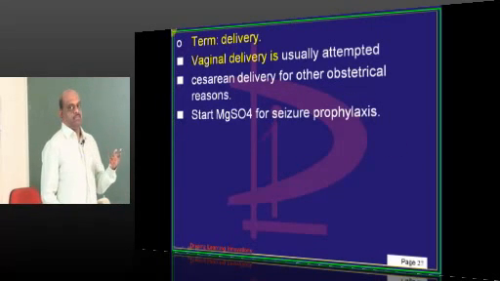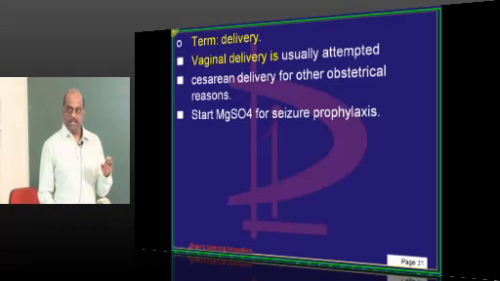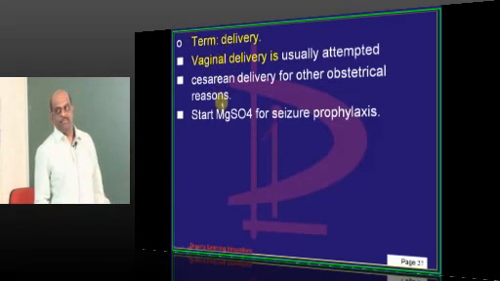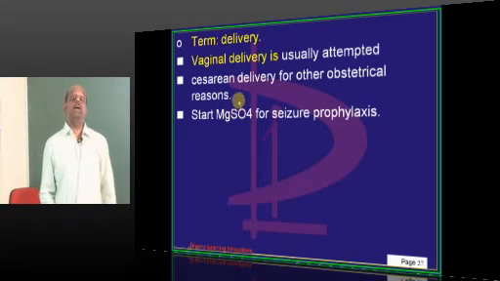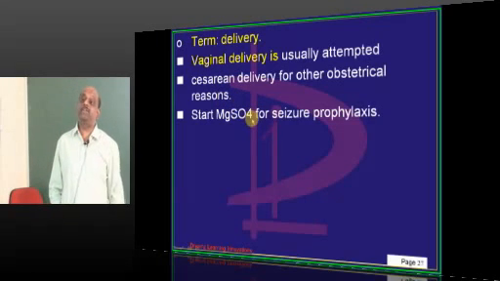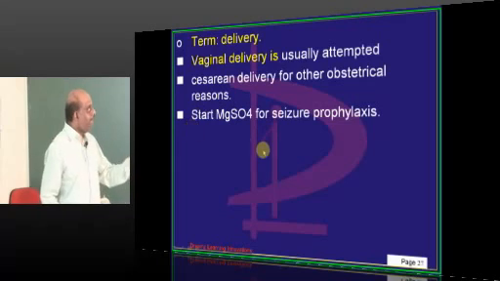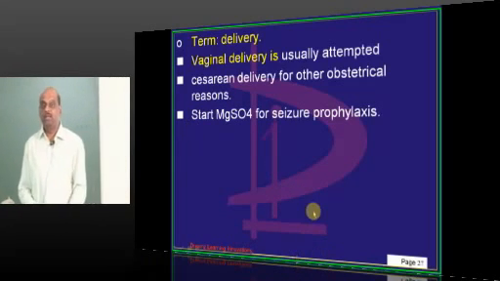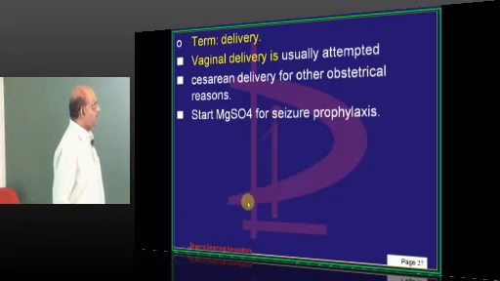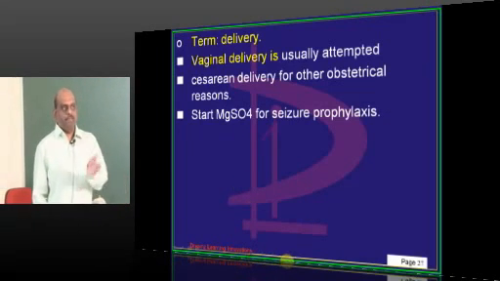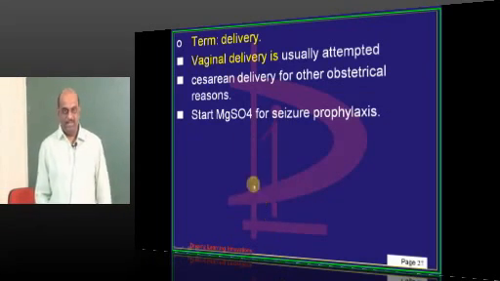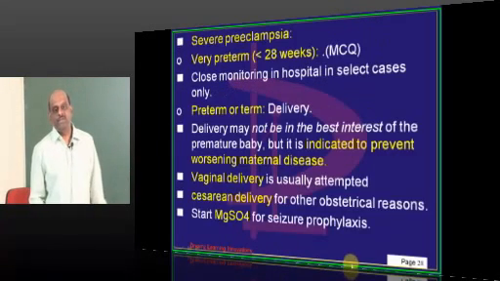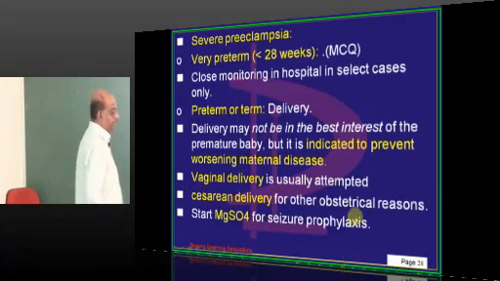Suppose it is a term fetus with a mild preeclampsia, what will you do? Delivery. Now, just because it is preeclampsia, is it an indication for cesarean? No, sir. Vaginal delivery is usually attempted, trial labor. Cesarean is only if there is any definitive obstetrical reason, then only it is indicated. And you need to give them magnesium sulfate for seizure prophylaxis.